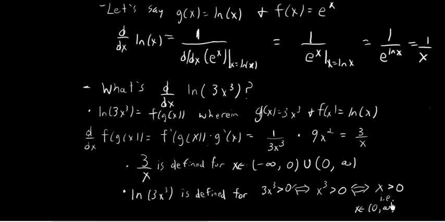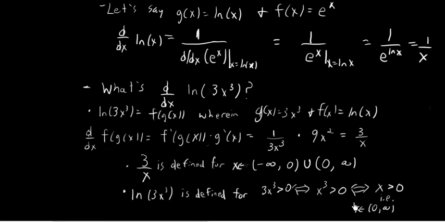So here we have a situation where the derivative seems to be defined over a wider interval than the original function itself. Is that possible? Can the derivative of a function be defined where the original function itself is not defined? And the answer is that it cannot, because remember, the derivative is the instantaneous rate of change of a function.